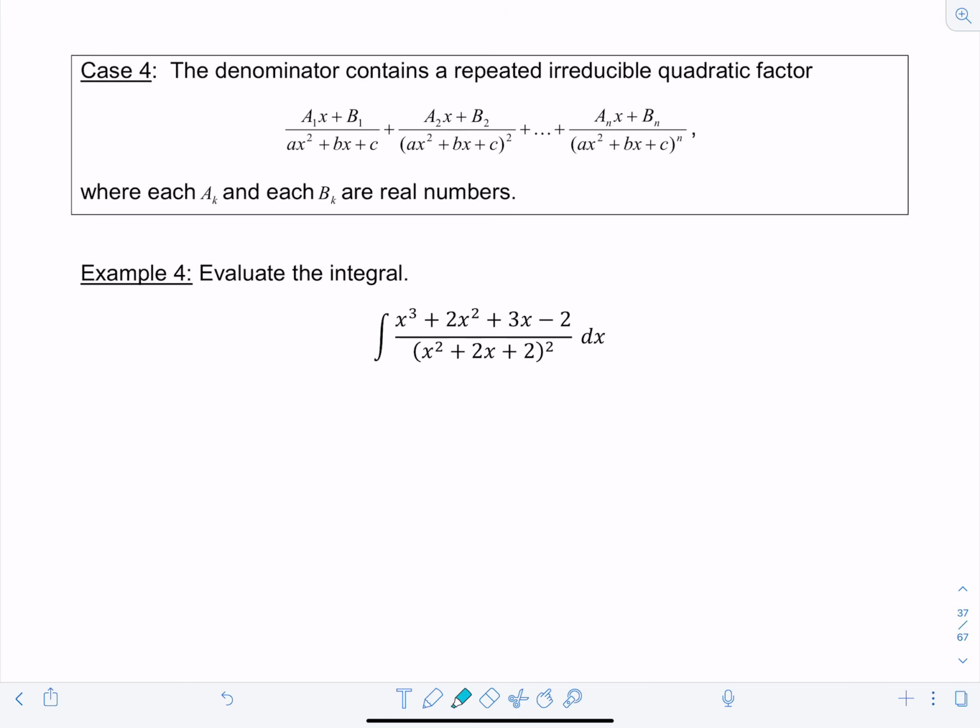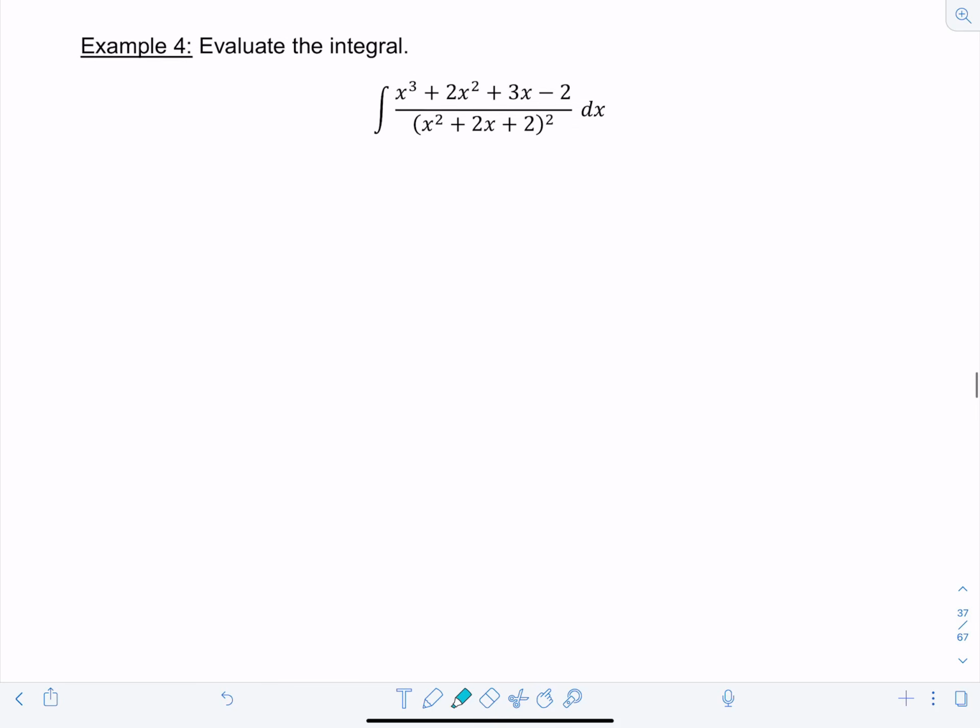So ax plus b, cx plus d, etc., etc. So we've got an integral x cubed plus 2x squared plus 3x minus 2 over x squared plus 2x plus 2 quantity squared dx. Notice x squared plus 2x plus 2 cannot be factored, at least not over the real numbers. So it's an irreducible quadratic and it's repeated.